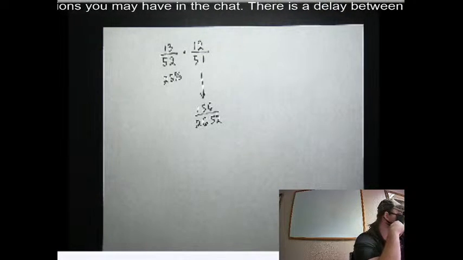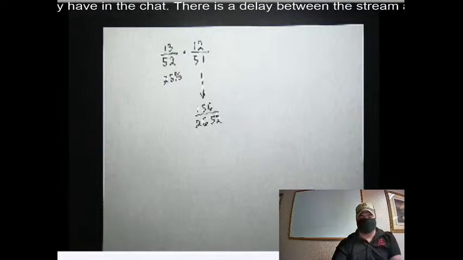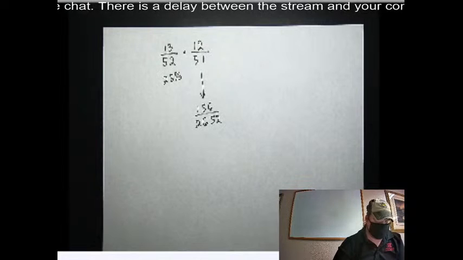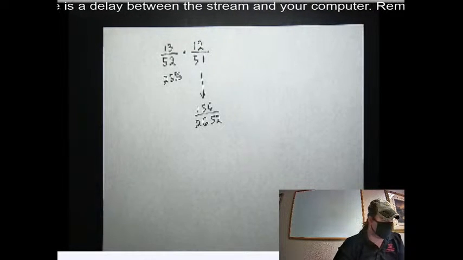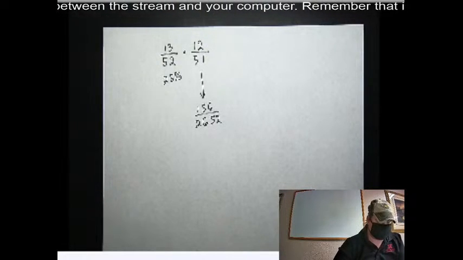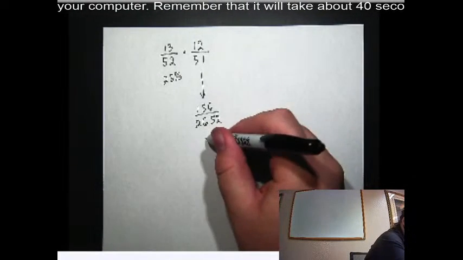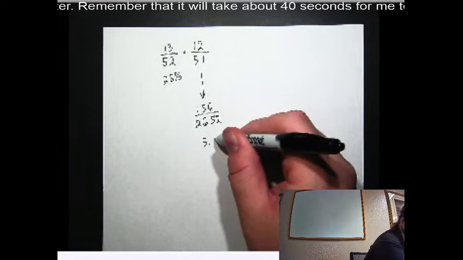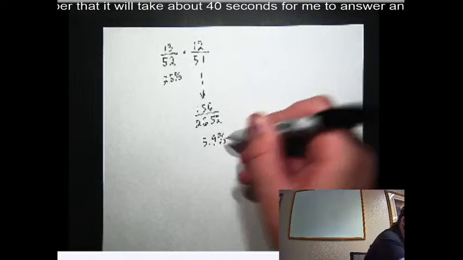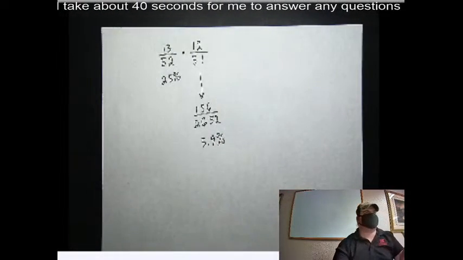So my chances are getting a little bit slim there. Let's see, what percent is that? 156 divided by 2,652. Oof, that is about a 5.9% chance. About a 6% chance.